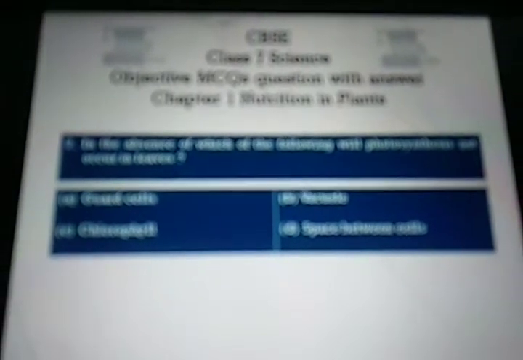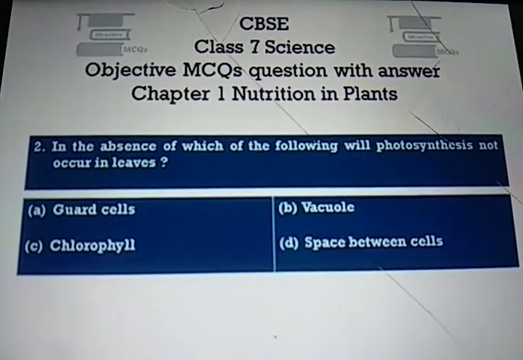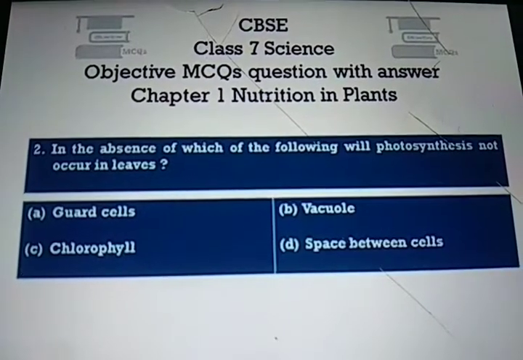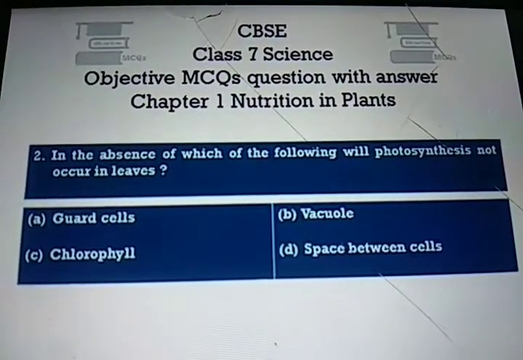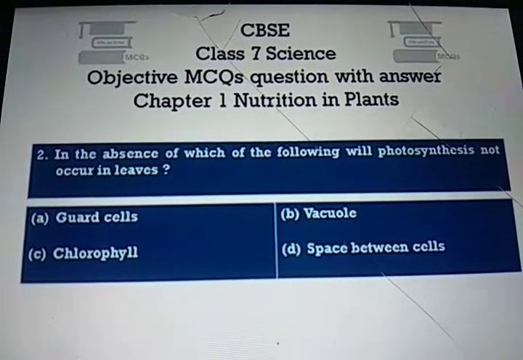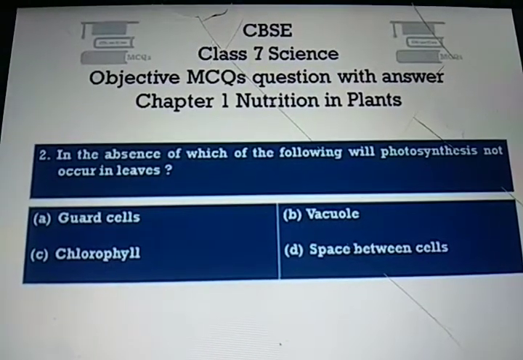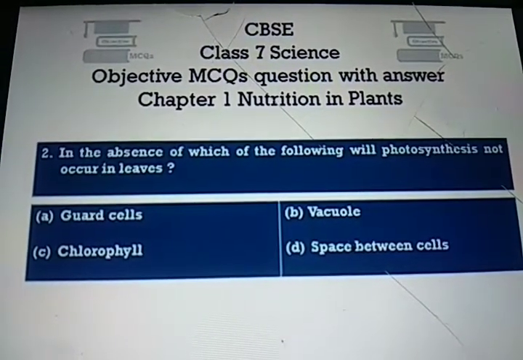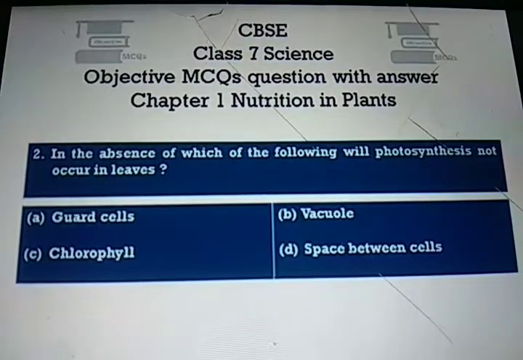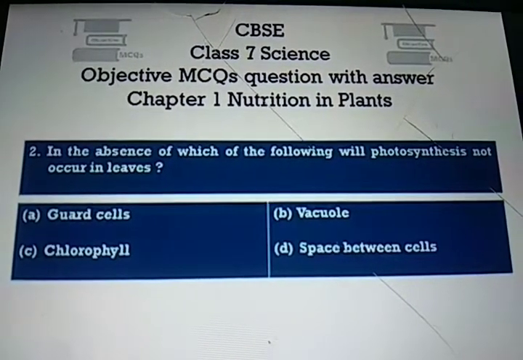Question number 2. In the absence of which of the following will photosynthesis not occur in leaves? Option A, guard cells. Option B, vacuoles. Option C, chlorophyll. And option D, space between cells.